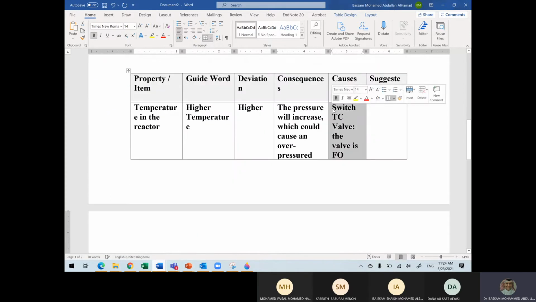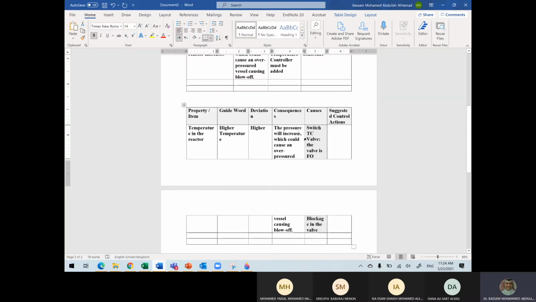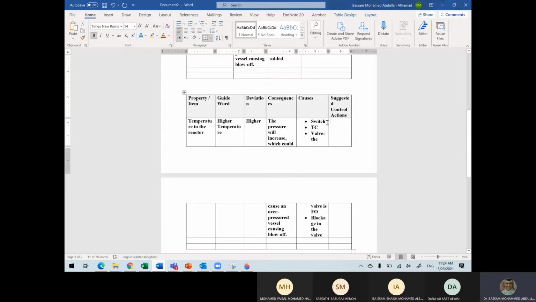Now, depending on each one of these points that I have mentioned here, if it was related to the switch, of course, I need to write more details about that. I mean, the switch failed or is not working.